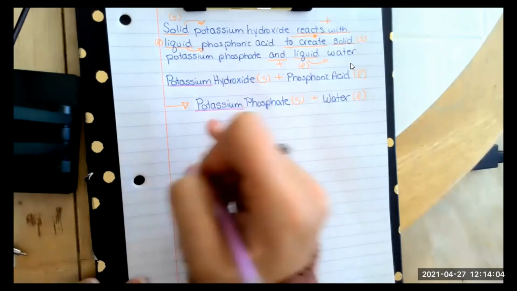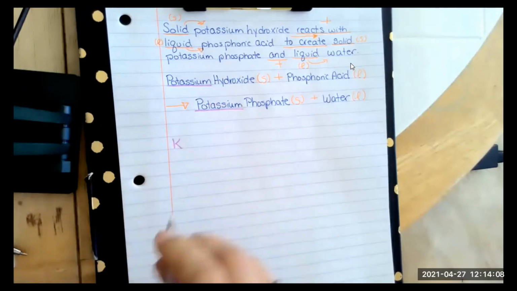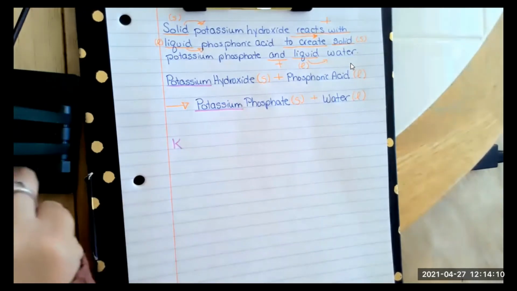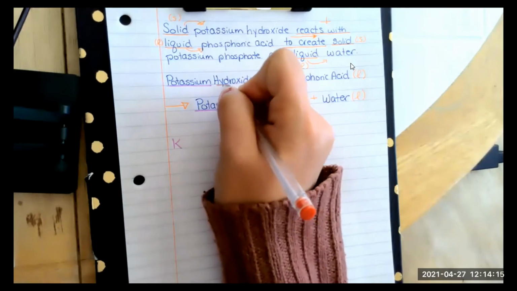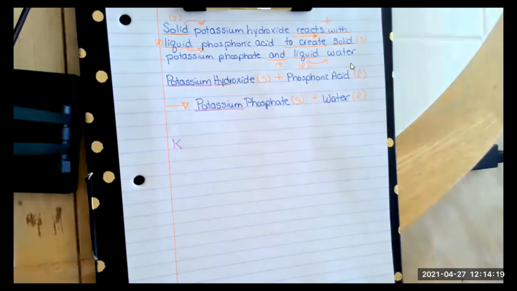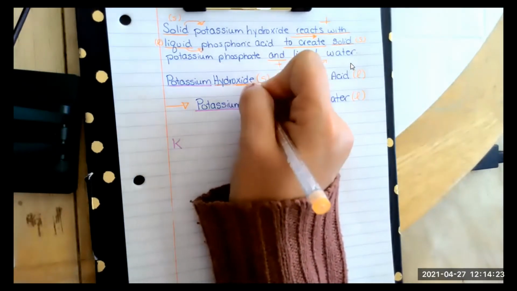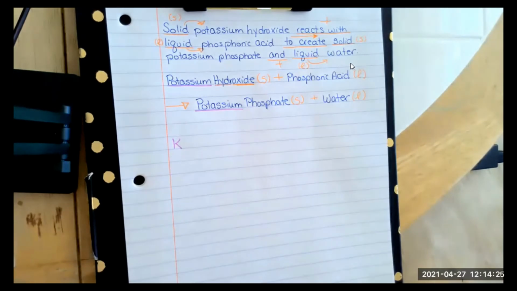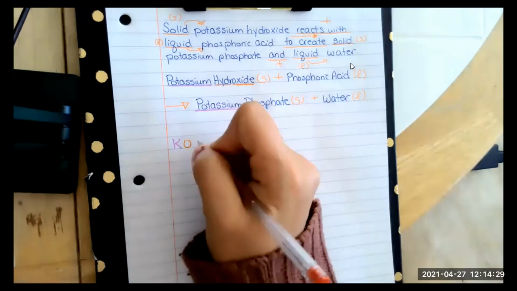And so that's going to be potassium, and then I'm going to write a K. And then I have hydroxide, which is hydrogen, which I'm going to make this red color. And then I have oxygen, which I'm going to make this orange color, so this glittery orange. So it's going to be KOH.